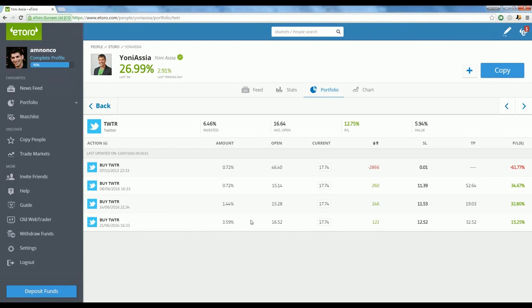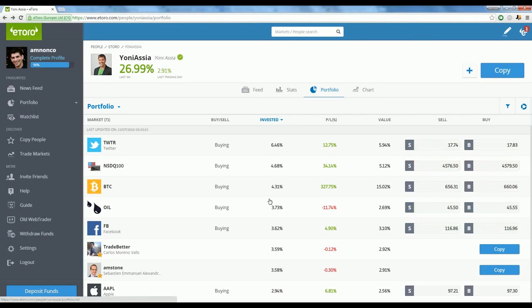We will have a leverage column in the public portfolio. So you'd see that this trade was open with 0.72% of his account with leverage X2 or X5 or whatever it may be. So it's coming really, really soon.